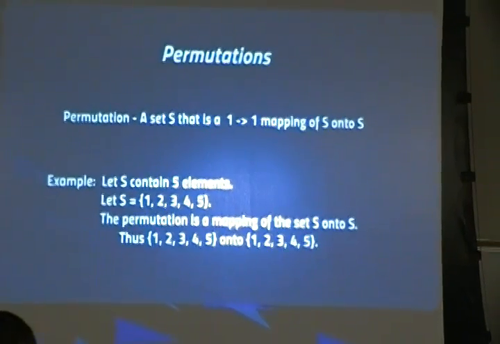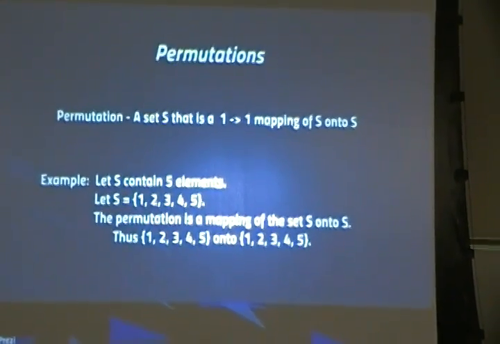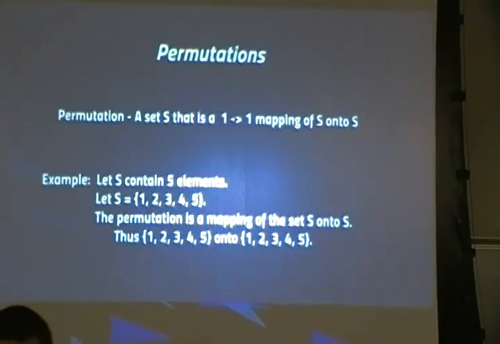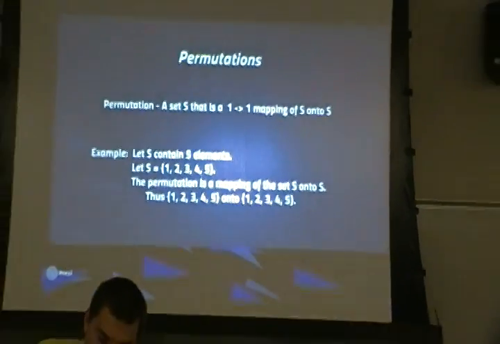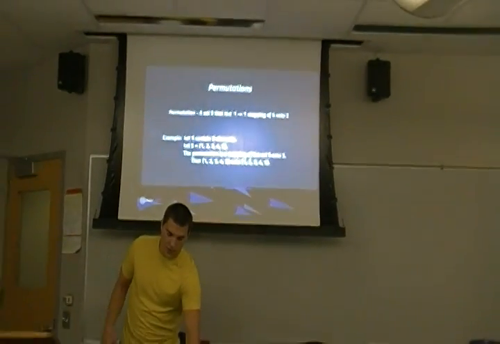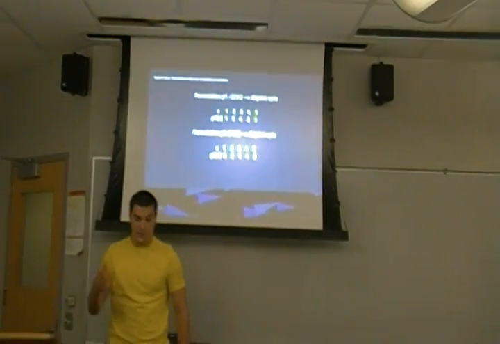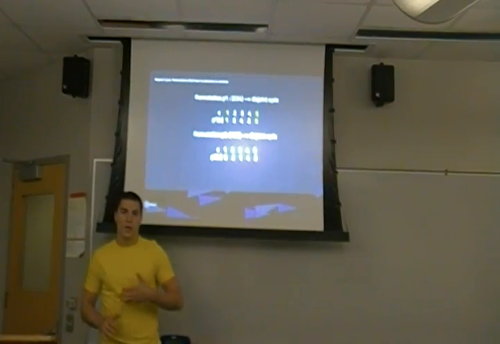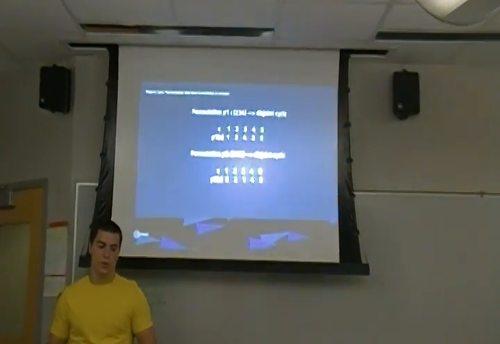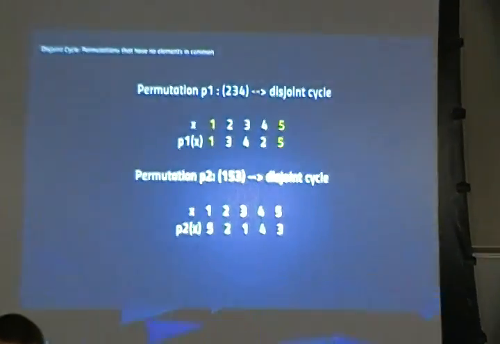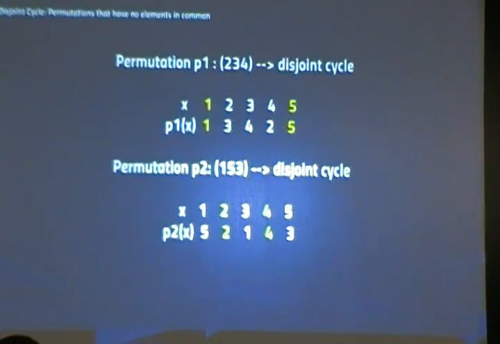So let's focus on the set 1, 2, 3, 4, and 5. Well, the mapping is going to be onto the set 1, 2, 3, 4, and 5. And if we want to use some basic permutations with the same set, how about we focus on the permutation P1, which is the disjoint cycle (2 3 4), and the permutation P2, (1 5 3).